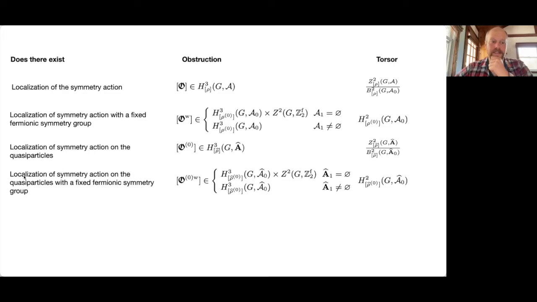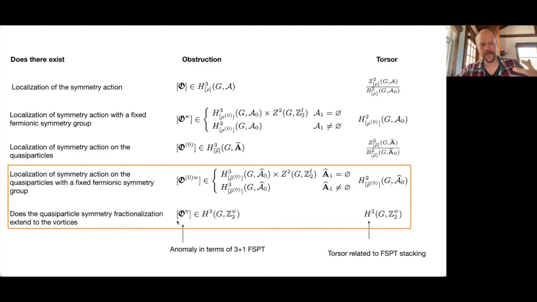Next question you ask is, does there exist a localization of the symmetry action on the quasiparticles with a fixed global symmetry group? So that's the analog of this question, but now just focusing on the quasiparticles. And then the last one you ask is, when there does exist a symmetry fractionalization with fixed global symmetry on the quasiparticles, does that extend to the vortices?